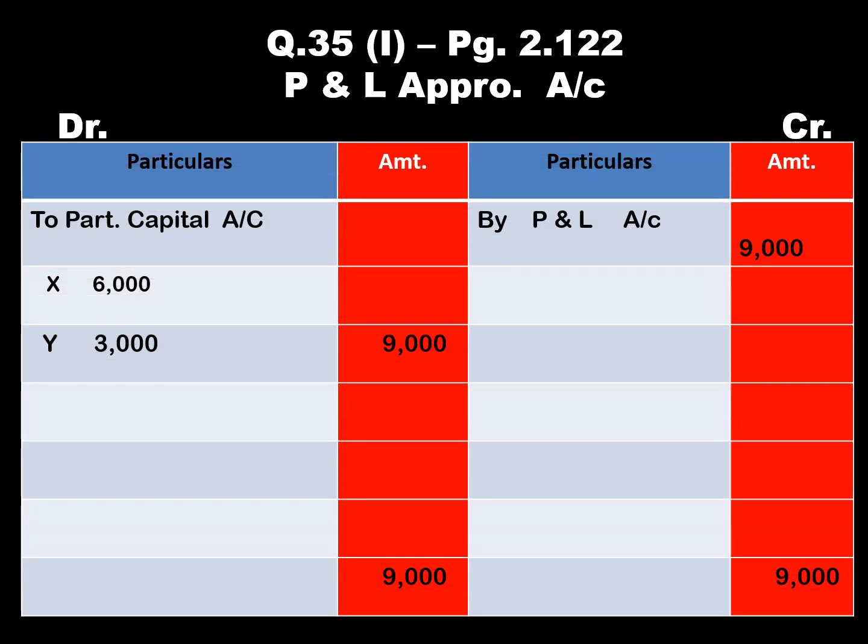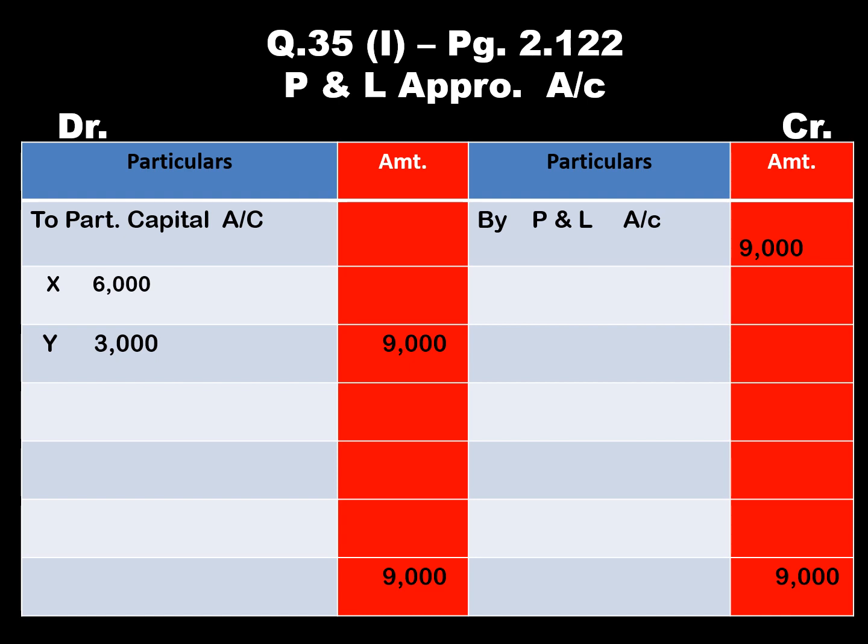Consider question number 35.1, page number 2.122 of the D.K. Goel book. In this question, there are two partners X and Y, and the profit is 9,000 rupees.